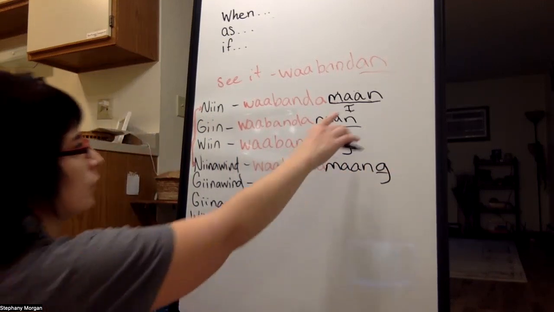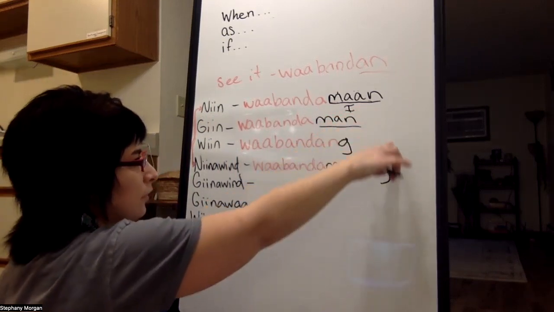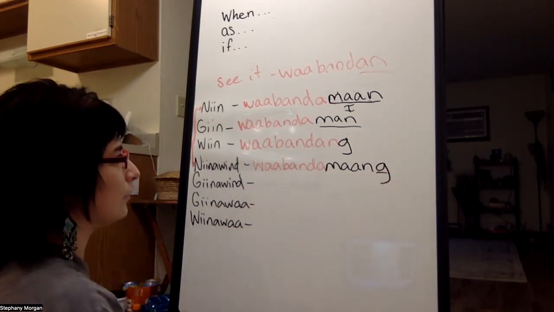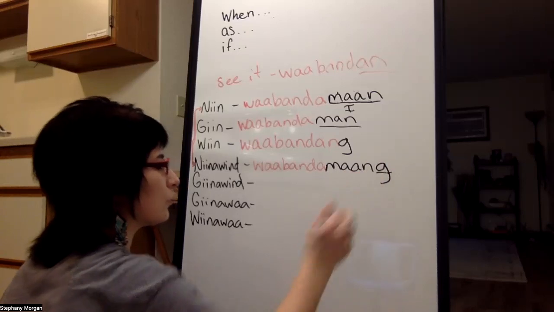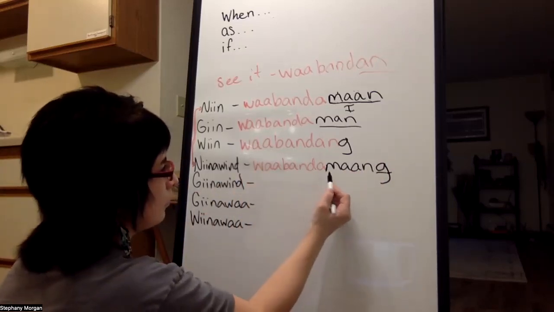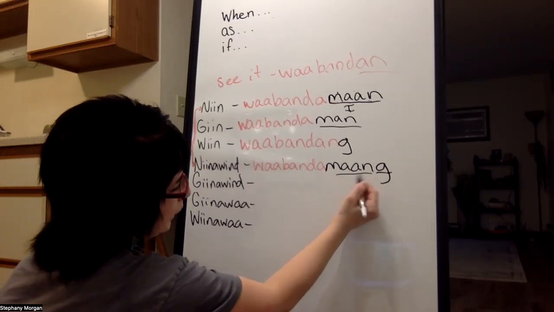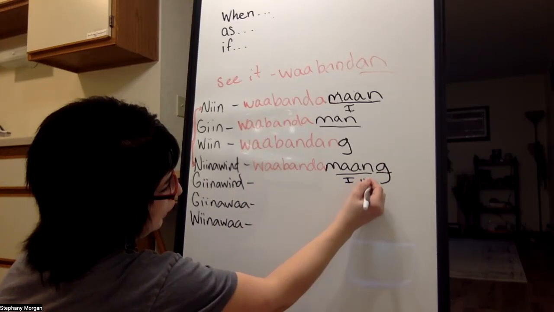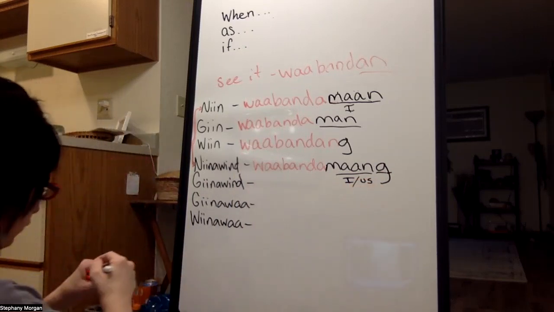It's still this form, we just extend it by adding more people in. I always think of it like, more people, longer version of the word. Us, but not you, wabandamang, the I form, us.